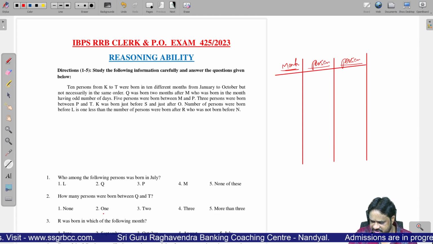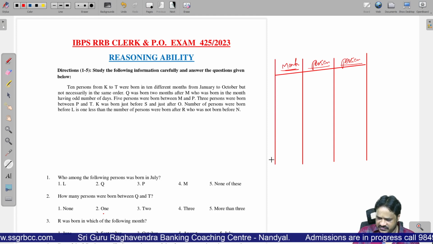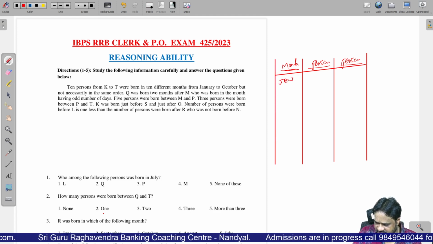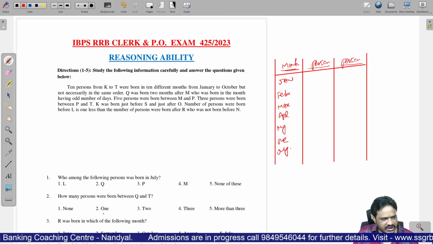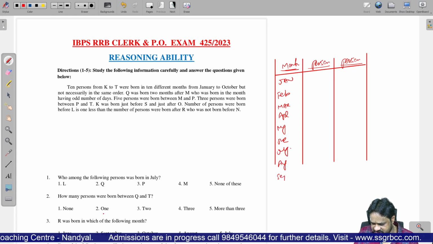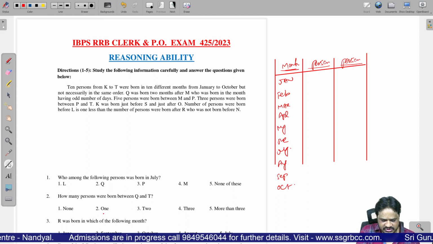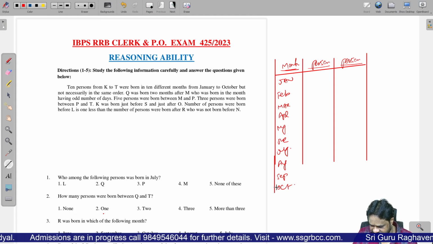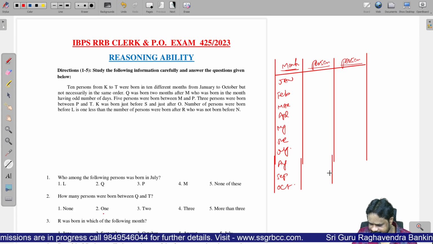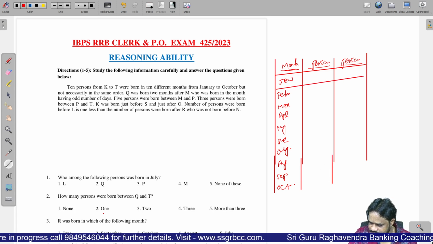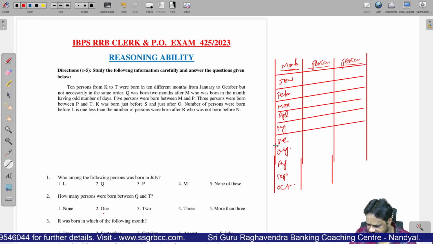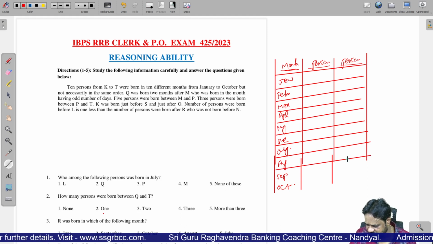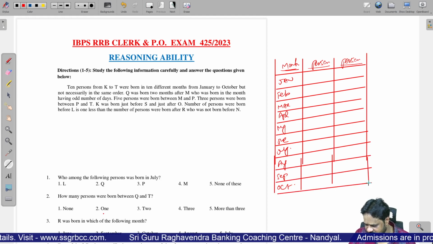Write down the months from January to October: January, February, March, April, May, June, July, August, September and October.